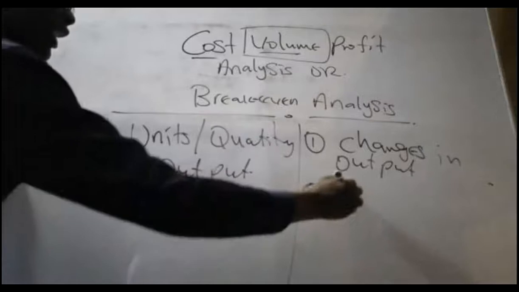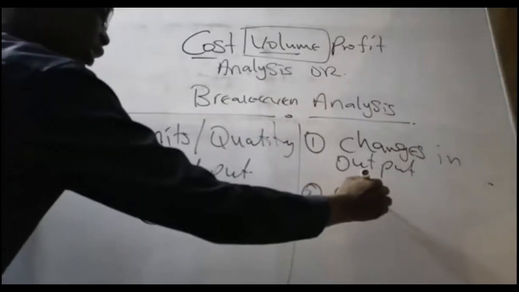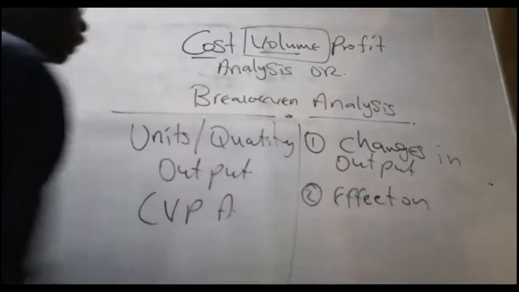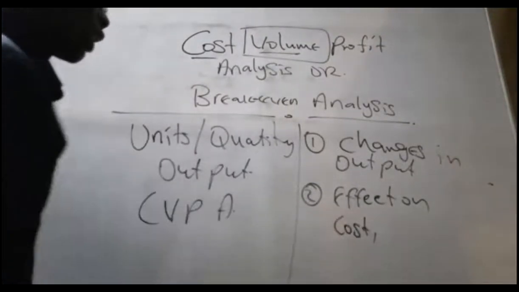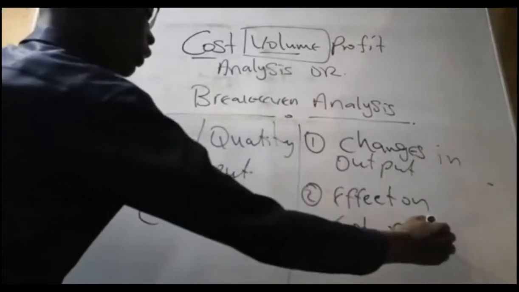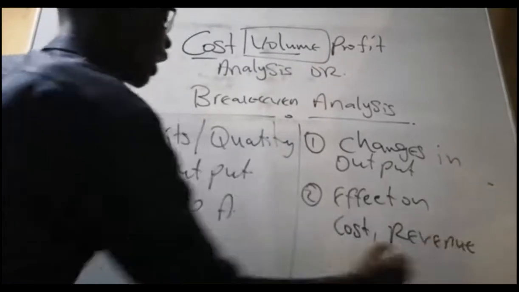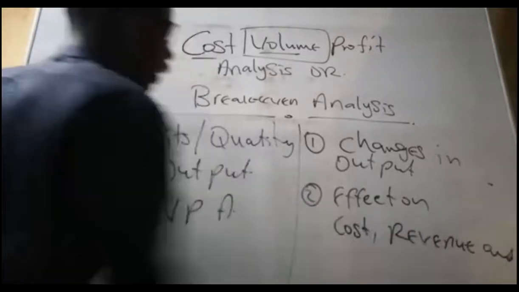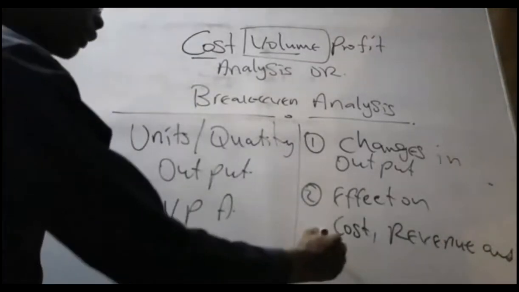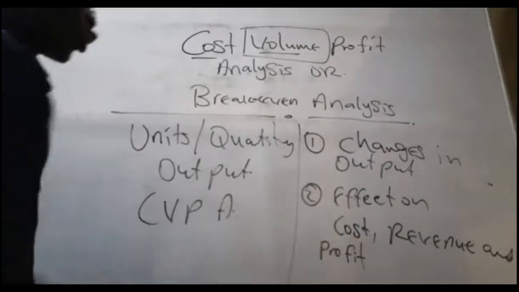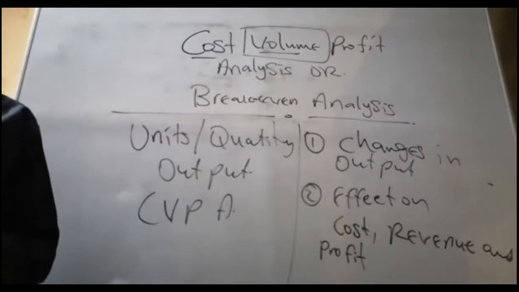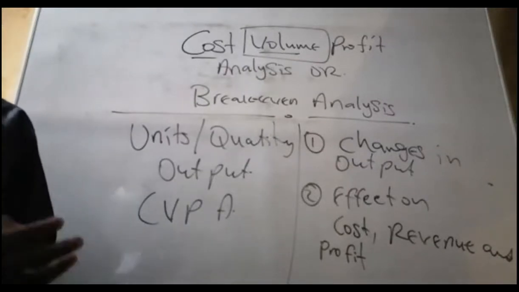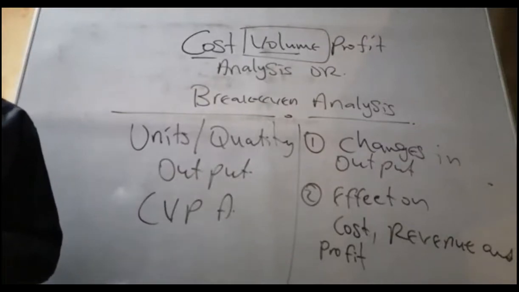Number two, the effect on the following variables: cost, revenue, and finally our profit. So when someone is analyzing the changes in outputs, its effect on cost, revenue, and profit, that person is conducting what you call CVP analysis.